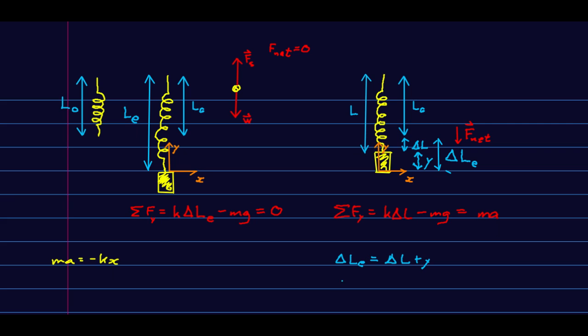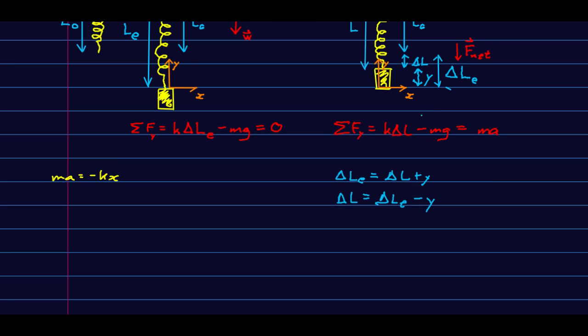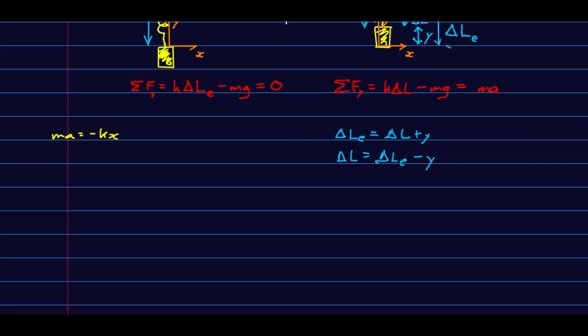And so, in other words, delta L is delta L_E minus y. Well, so what? So that means we can rewrite this. We can say now we have k times delta L_E minus y. I've just substituted this in for delta L, minus mg, and all that equals ma.